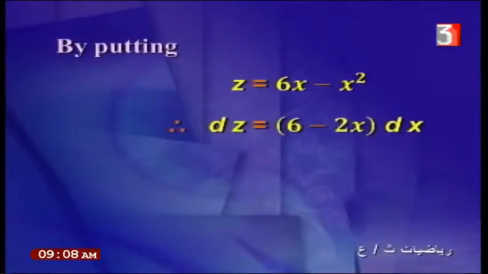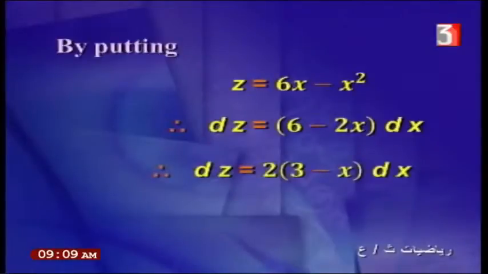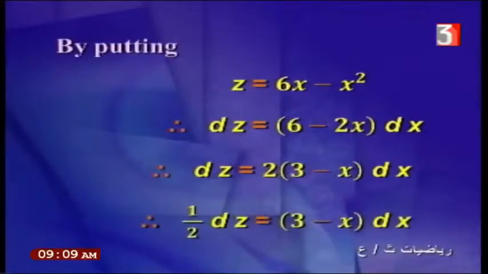Then dz equals the differentiation of 6x minus x squared, which is (6 minus 2x) dx. We can take 2 as a common factor, then dz equals 2 multiplied by (3 minus x) dx. Dividing both sides by 2, then half dz equals (3 minus x) dx.